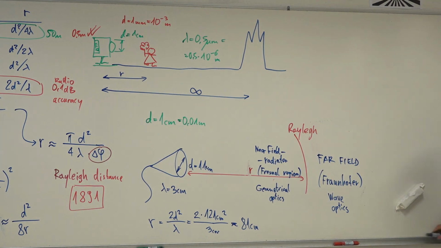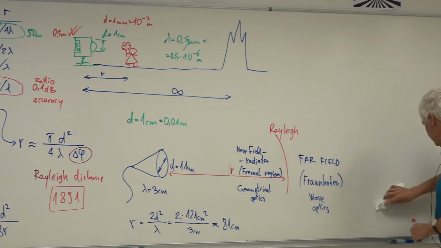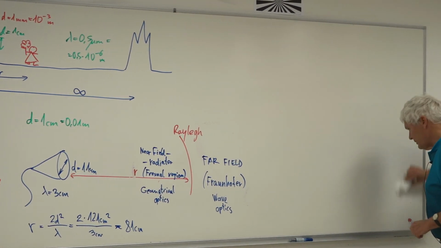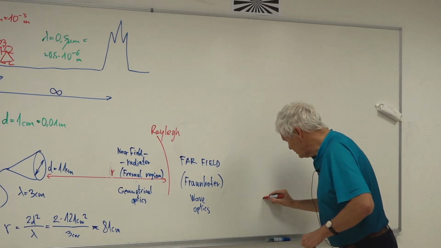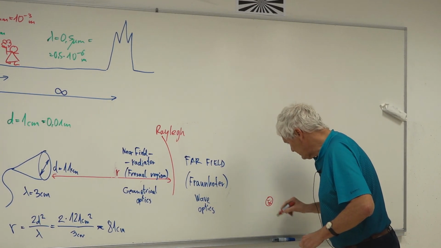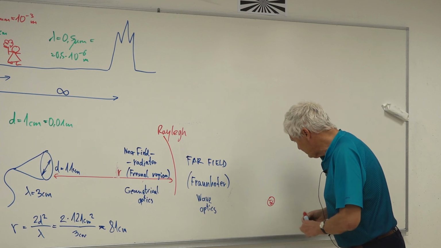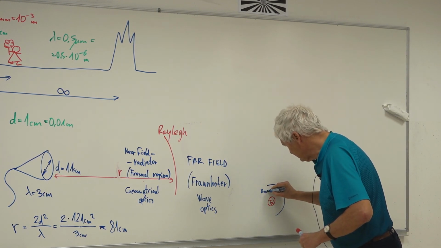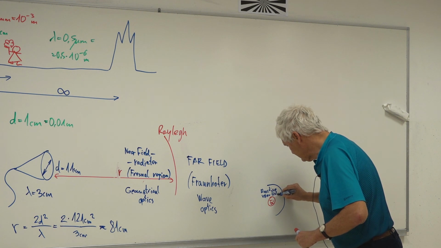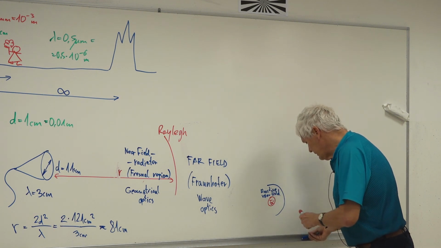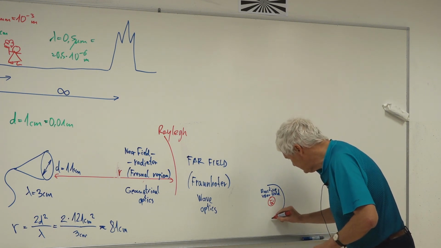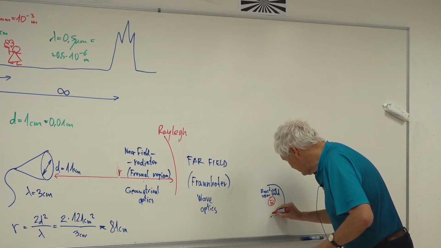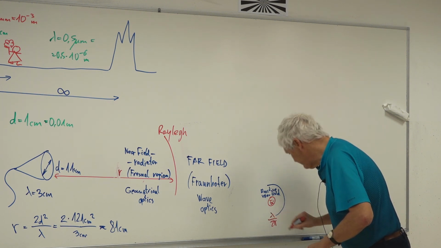So if we have our transmitting device, we should actually notice that we have now 3 regions, if this is our transmitter. Very close to the transmitter, we have the reactive near field. The reactive near field, so this here, the limit is lambda over 2 pi.